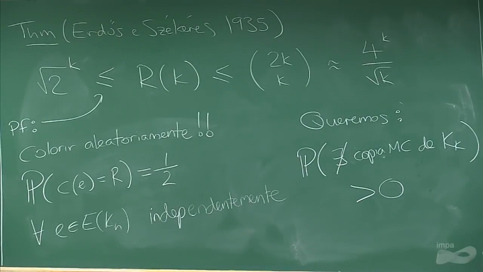We're trying to count monochromatic cliques, right? We want to know if the number of monochromatic cliques is 0 or not 0. So let's count the number of monochromatic cliques.